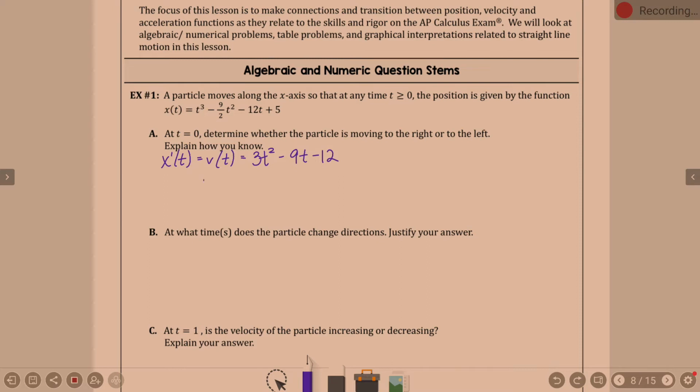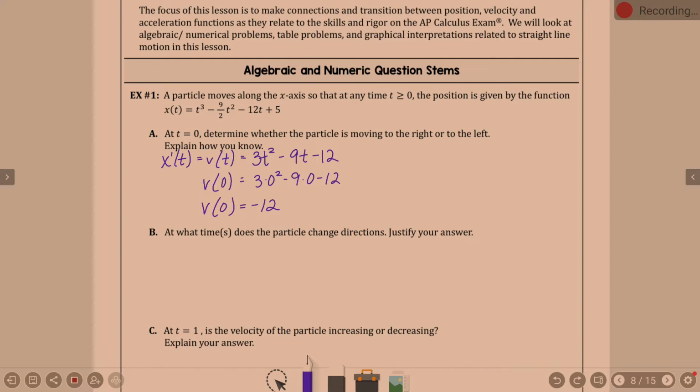We want to know at 0. So velocity at 0 is going to be negative 12. So what do I know?